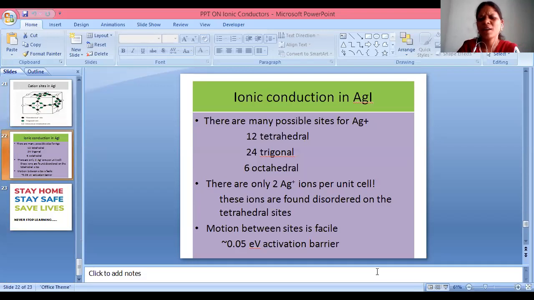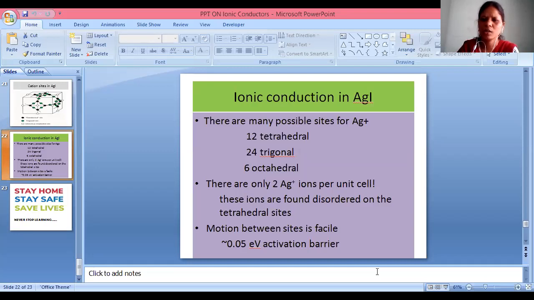Why does silver iodide show high ionic conduction? Because there are many possible sites for Ag+ ions: 12 tetrahedral sites, 24 trigonal sites, and 6 octahedral sites are present, while there are only 2 Ag+ ions per unit cell.